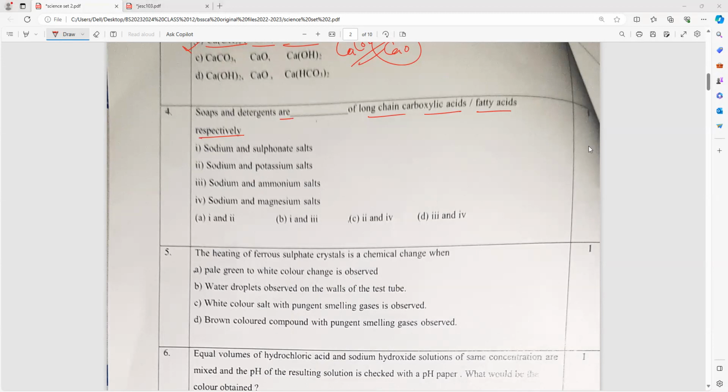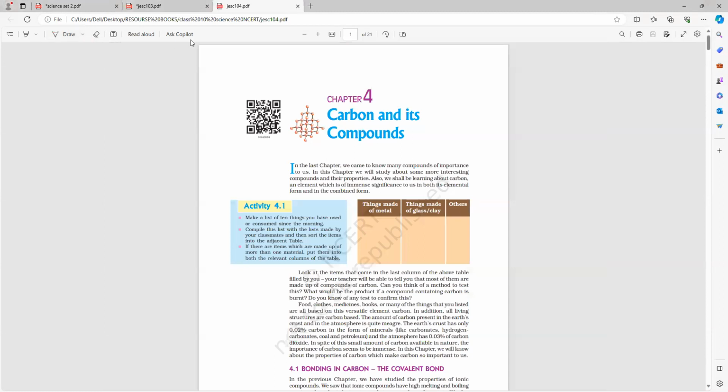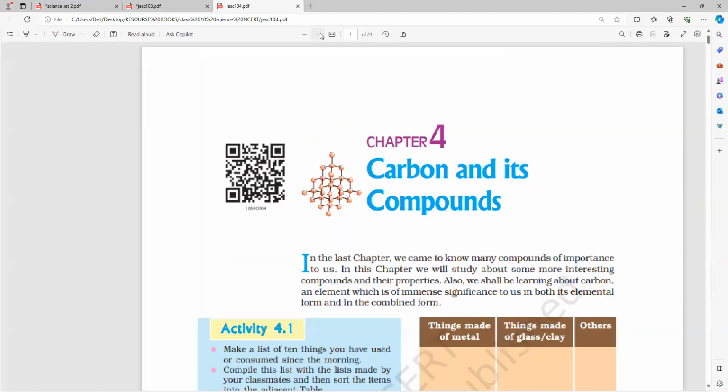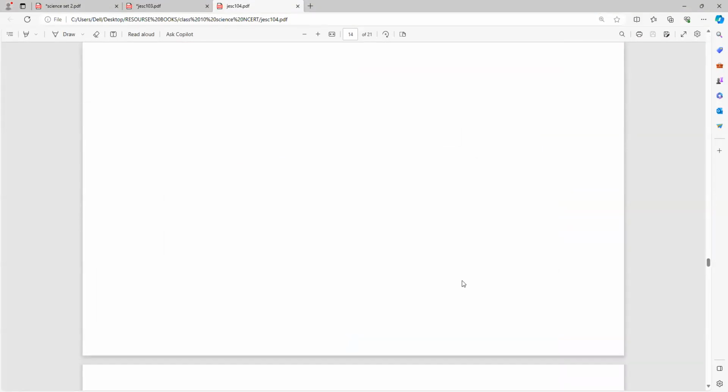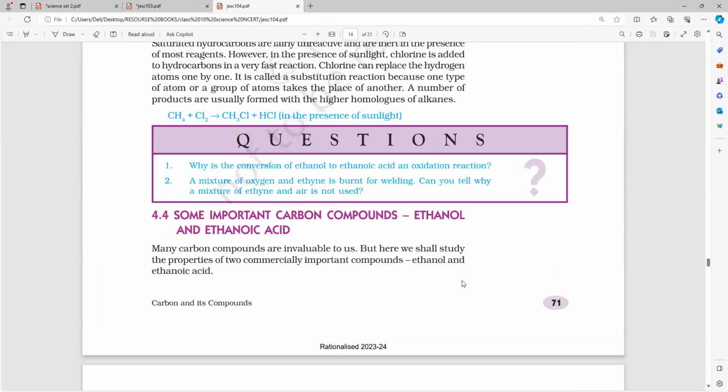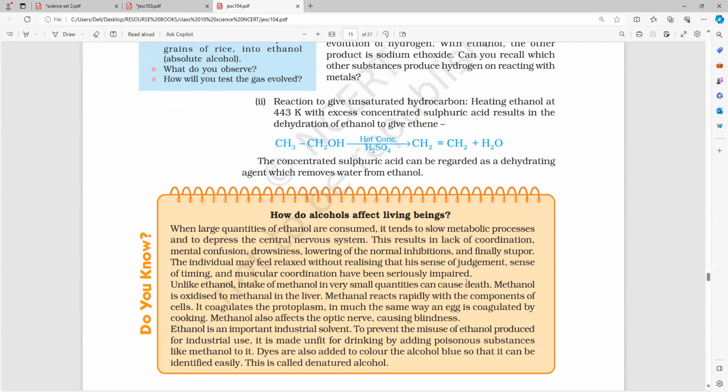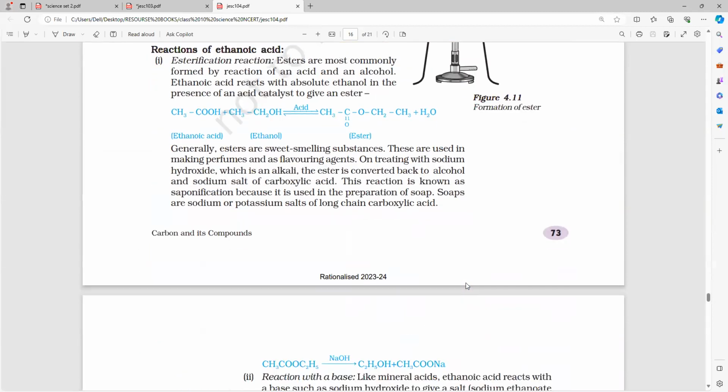When producing the saponification reaction, you can see it there. Soaps are sodium and potassium salts of long chain carboxylic acids.